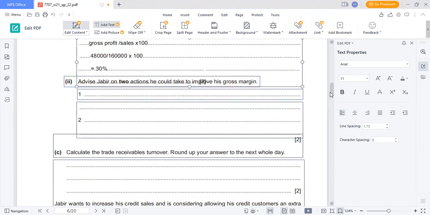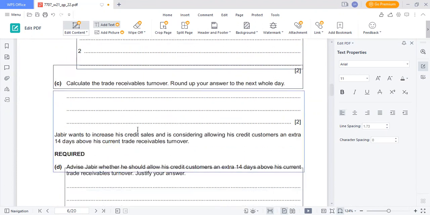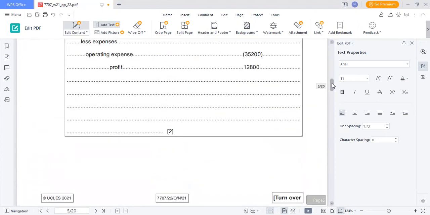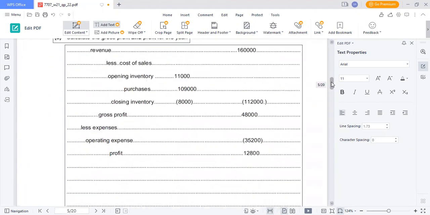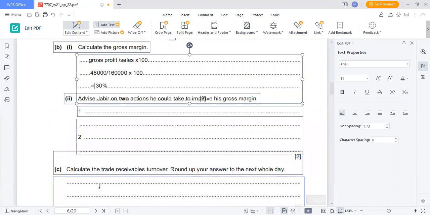Okay, moving towards C part, calculate the trade receivables turnover. Turnover means days. Round up your answer to the next whole day. Okay, that means we don't have to answer in decimals. So trade receivable turnover is calculated by trade receivables divided by sales multiplied by 365, or how many days? 365. Okay.